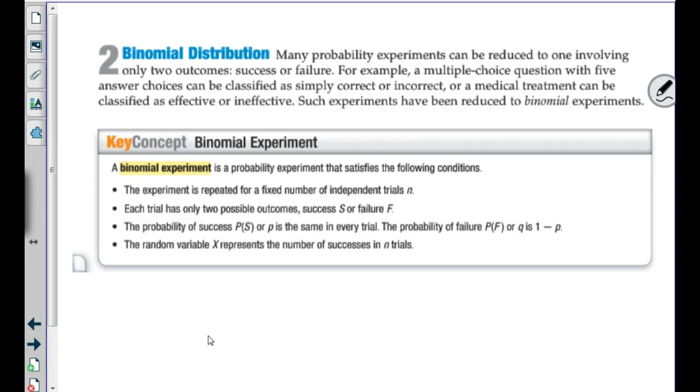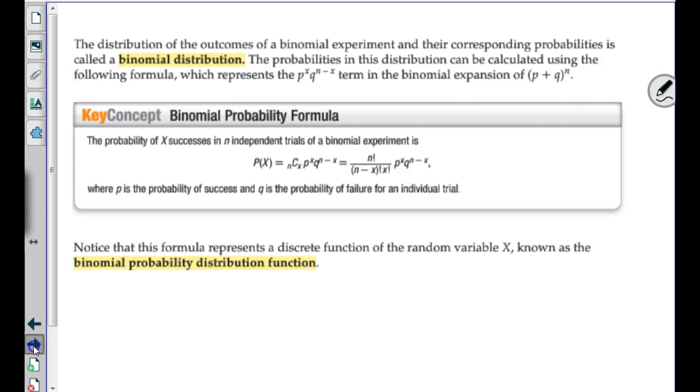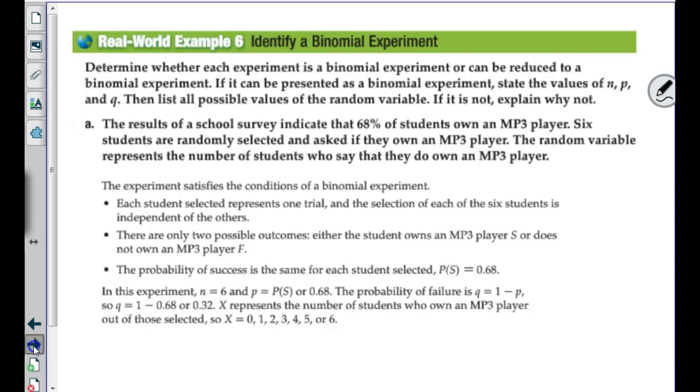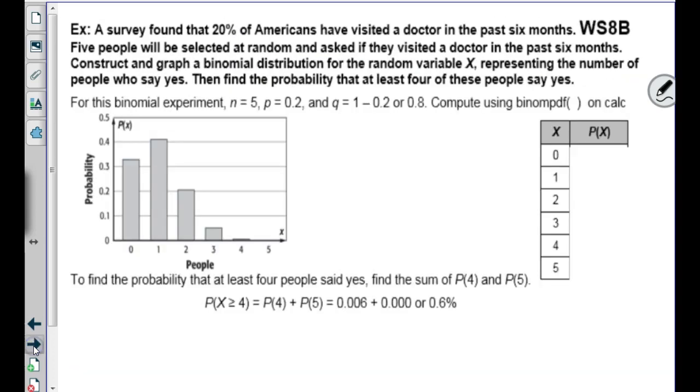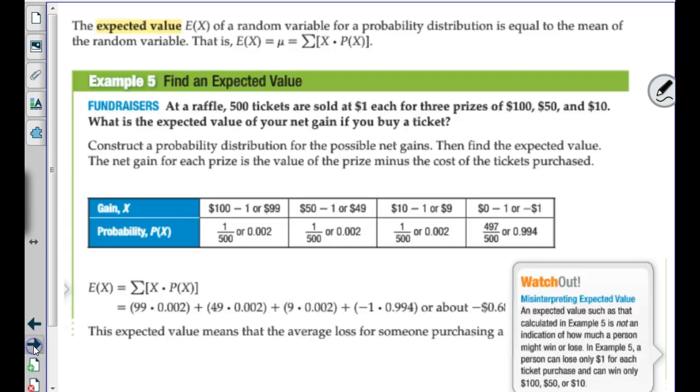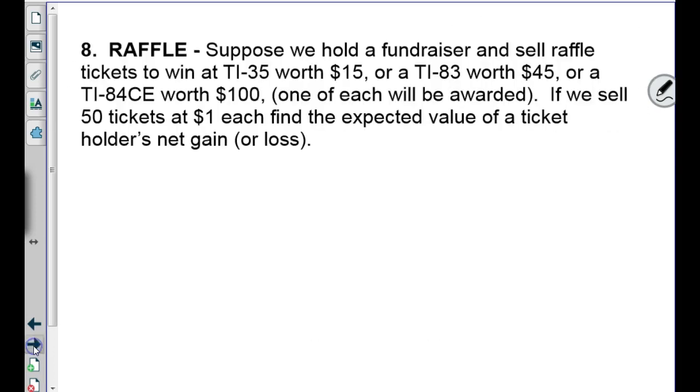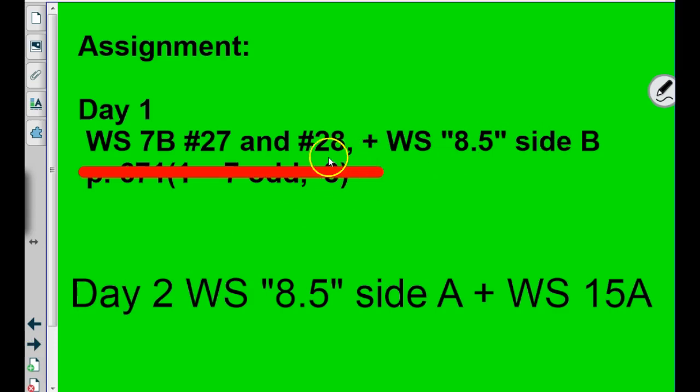Binomial distribution. Binomial experiments. Okay, we're going to get back to this. This is what we started with today, remember? Binomial probability. We're going to do some more of them. We're going to do the complicated ones where you have to add up. I will start with this tomorrow, but I think that you are okay to work on those 2 questions off 7B for sure.